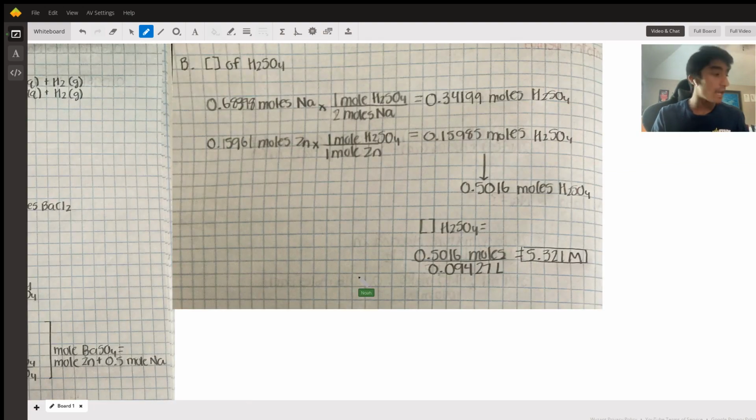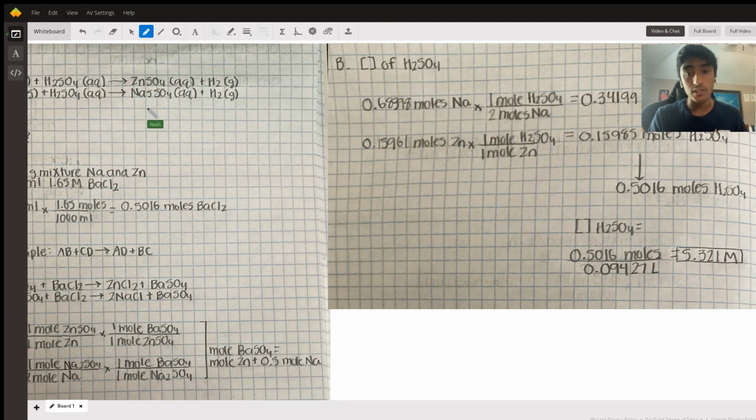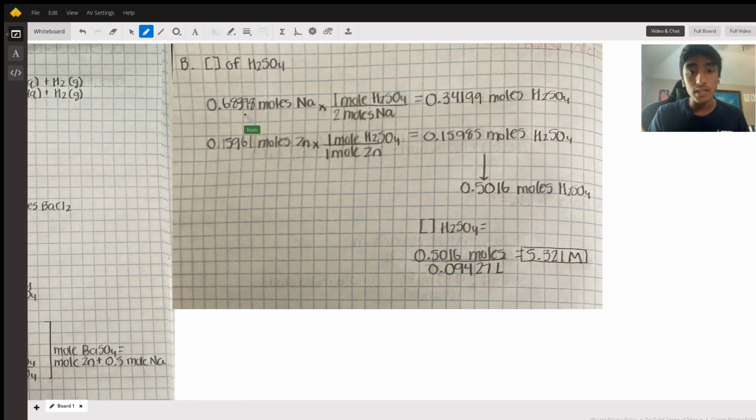The second part of the question asks, if 94.27 milliliters of sulfuric acid was added, what was the concentration of the sulfuric acid? And so what we'll do is we'll take those molar amounts of sodium and zinc metal that we got earlier and relate them to the amount of sulfuric acid as given by these two equations here. So we have 0.68398 moles of sodium, and then 2 moles of sodium relates to 1 mole of sulfuric acid.